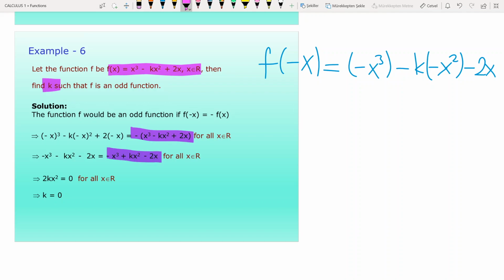So what do we have actually? If k is 0, then the function becomes an odd function.